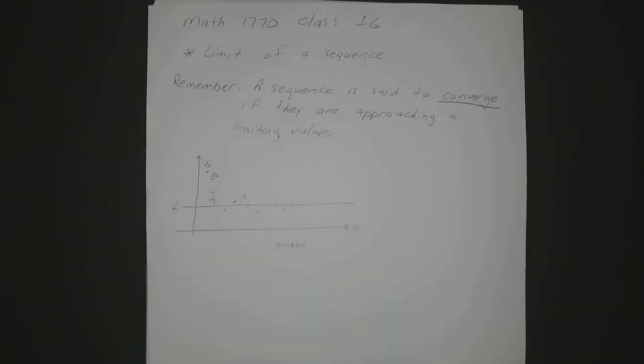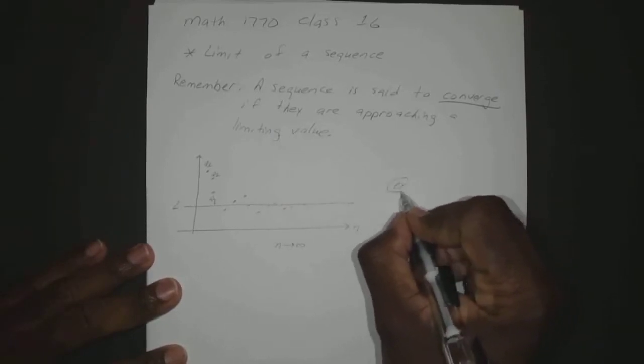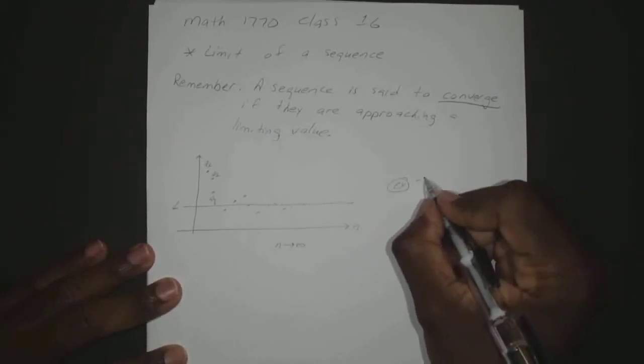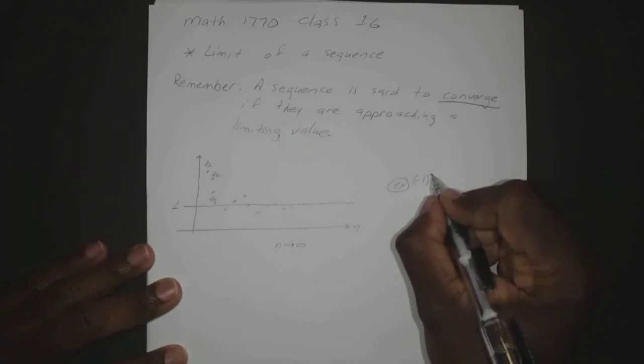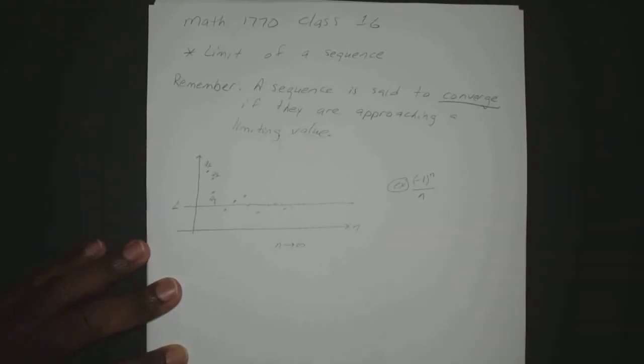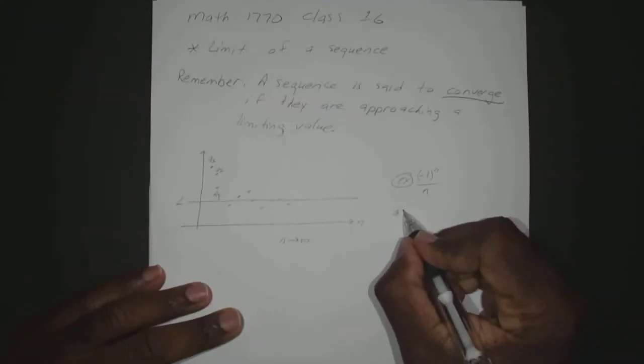Okay, so it's kind of like if you have the limit of, let me think of a good one, negative 1 to the nth power over n as n approaches infinity.